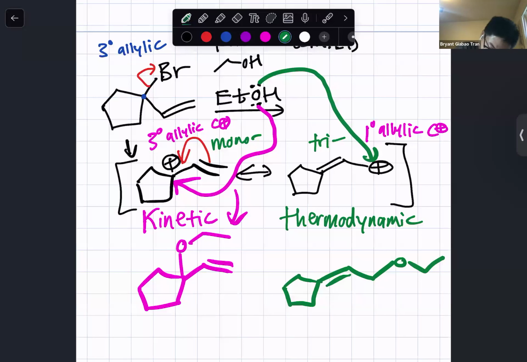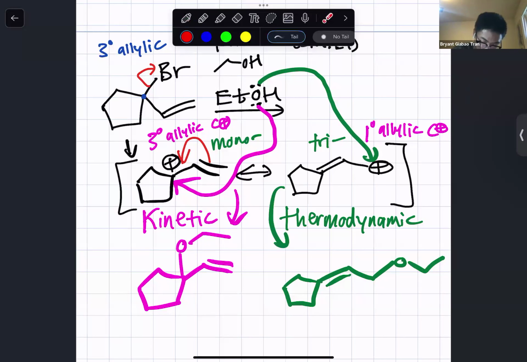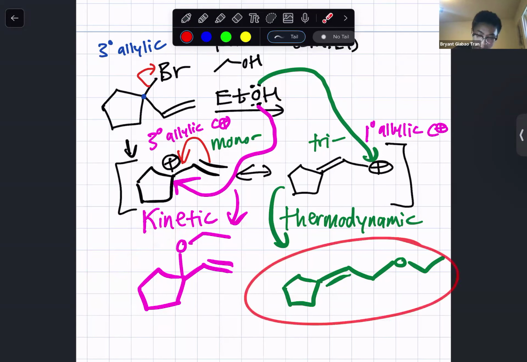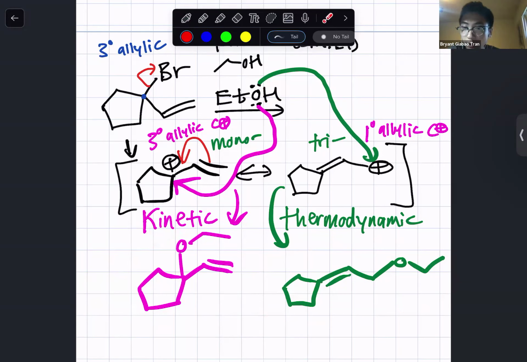Which gives us that or this. After the deprotonation step, because this H here will just get deprotonated by another ethanol and neutralize the alcohol, giving us that right there. So this is the final product after the deprotonation step.